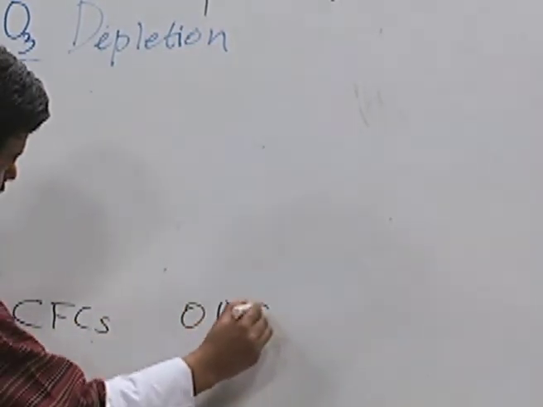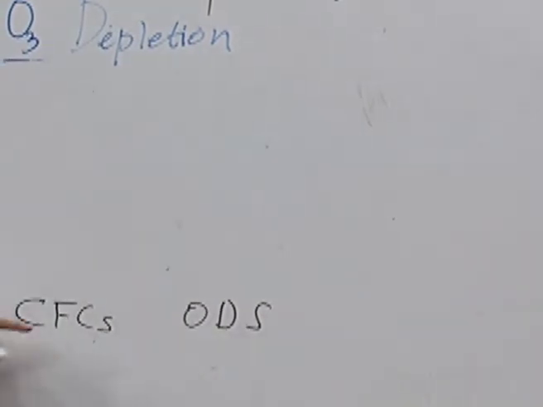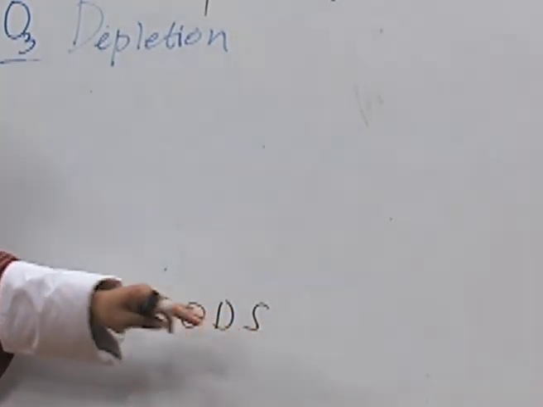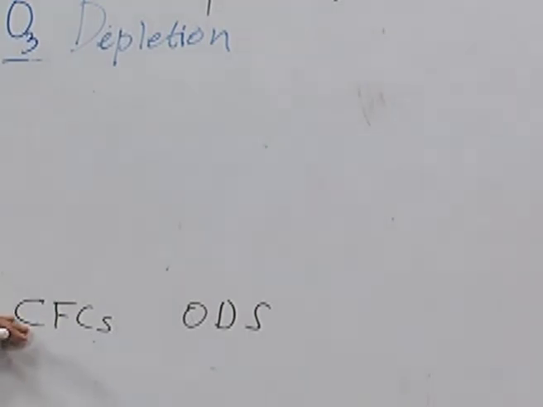CFCs stands for chlorofluorocarbons, and there are also hydrochlorofluorocarbons. There are many ODSs, ozone depleting substances, like chlorofluorocarbons, which are being emitted from the refrigerants, from the air conditioners, from the aerosols. So, these CFCs are released to the atmosphere from our industries, from our homes.